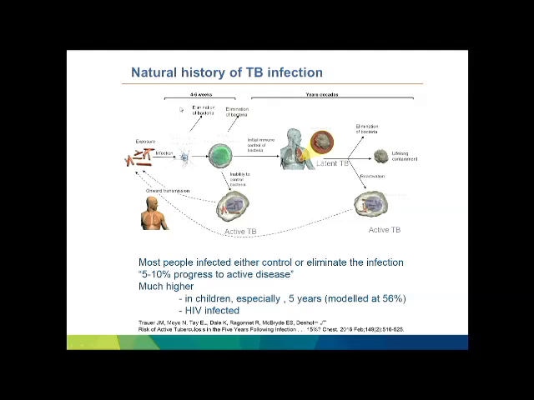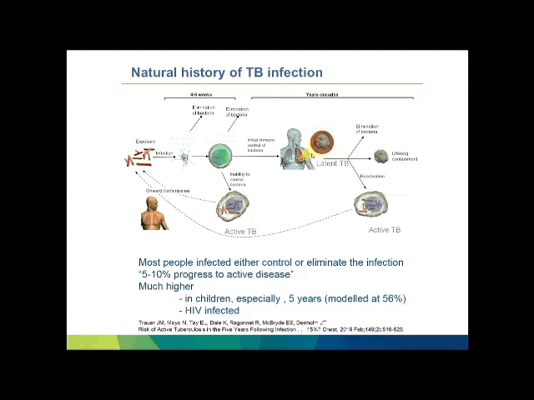However, in most people, the immune system does deal with the initial infection, and we get a condition of latency or dormancy, where tubercle bacilli are contained within granulomas, usually within the lung, but sometimes elsewhere.